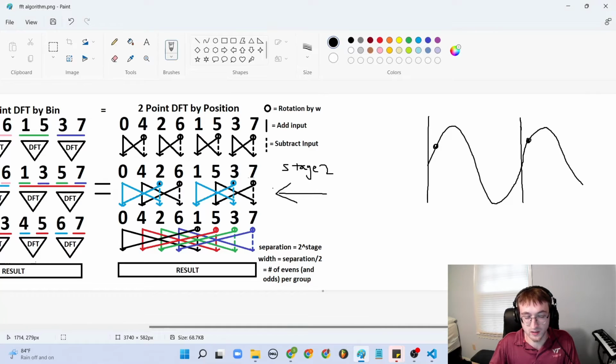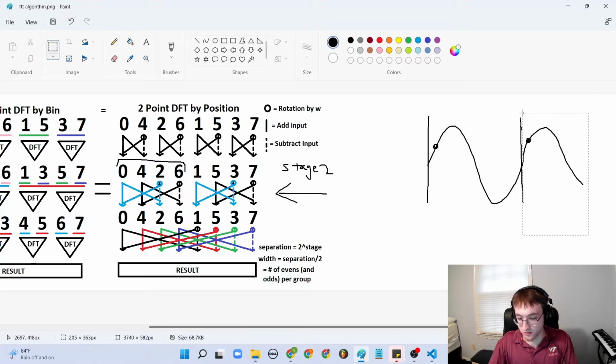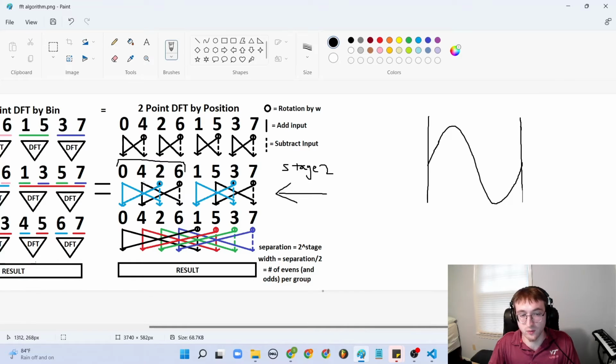So, let's think about what we're doing here, like I just said, right? We have a sample size for this particular group of 4, right? And so what that means is I'm going to draw this wave. And now what I'm going to do is divide it into 4 pieces.